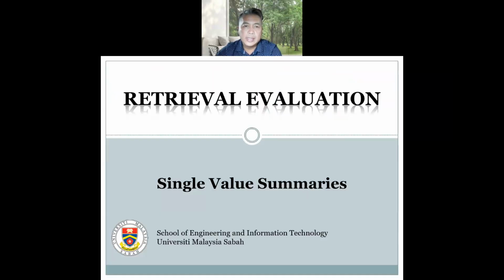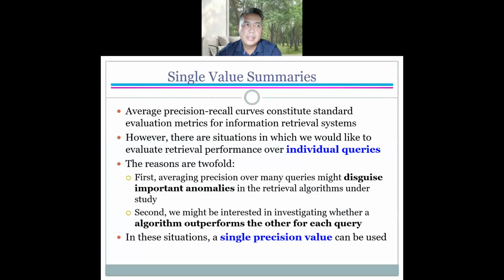Okay, so now we will look at the single value summary. The single value summary is used to determine the performance of the system based on a single value only. In the previous example, we had to find all the relevant documents, determine the recall and precision, and plot the graph.